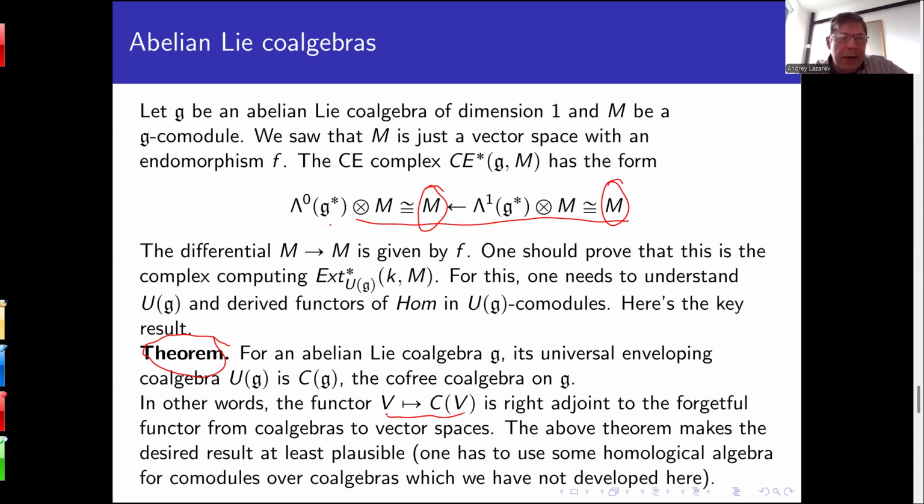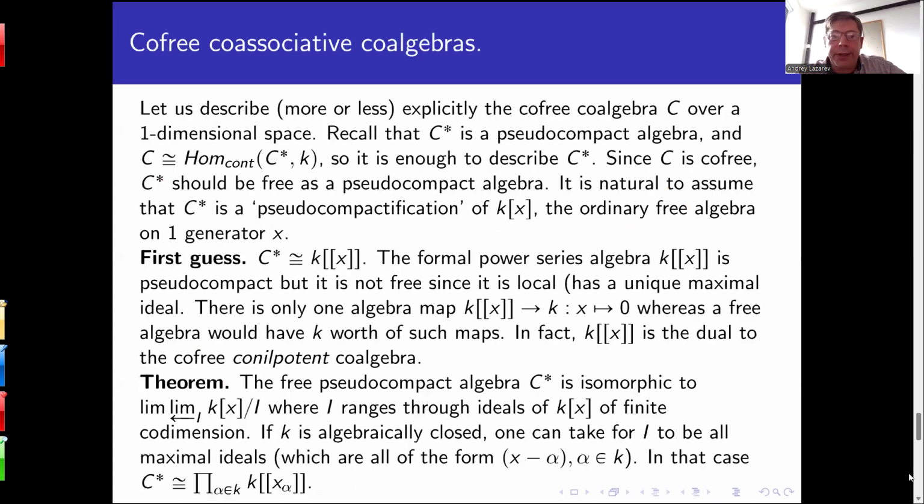I have a couple more slides here, but maybe I should stop at this point because I'm almost out of time, and I still want to have a couple of minutes for questions. Just before I finish, I would like to say that the notion of a co-free coalgebra, as opposed to a conilpotent co-free coalgebra, is quite subtle.